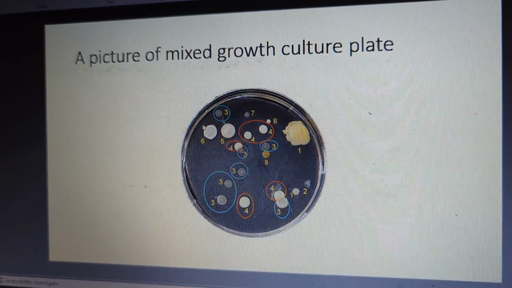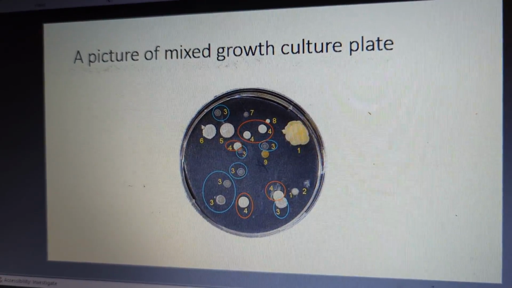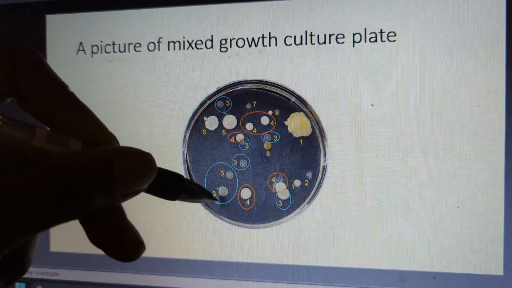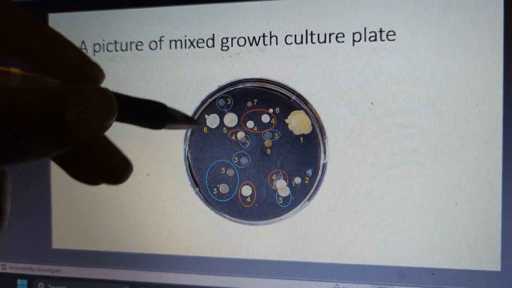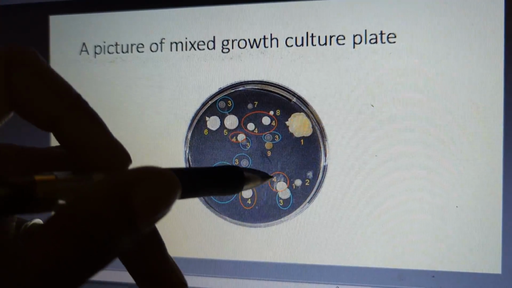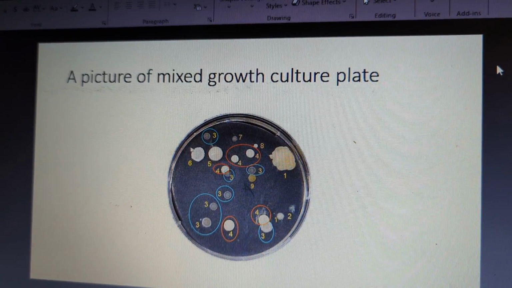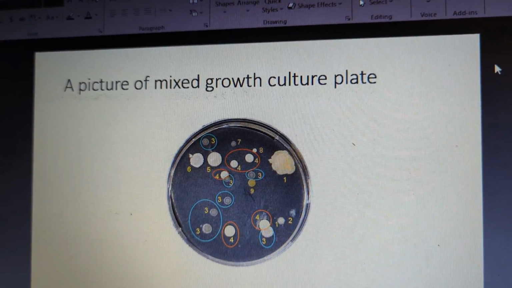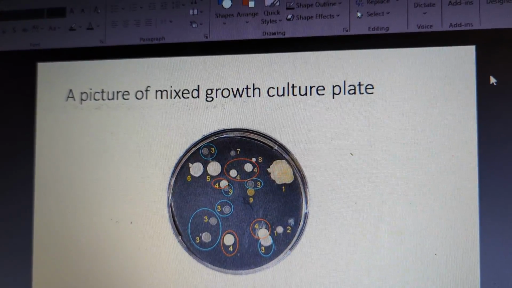And I wanted you to appreciate the separate colonies that are coming out, nicely clumped, identified as coming from one particular bacterium, or numbered. But the idea is these are colonies, and the agars we have in the session today are not a mixed growth, it's a single bacterium growing there, but this is just to jog our memory about colonies.